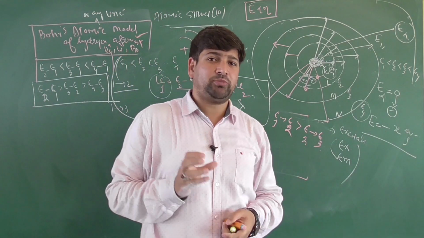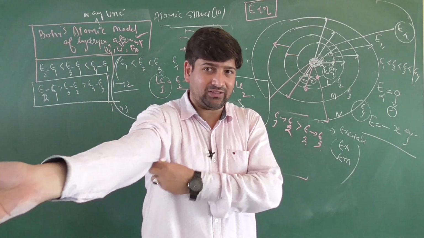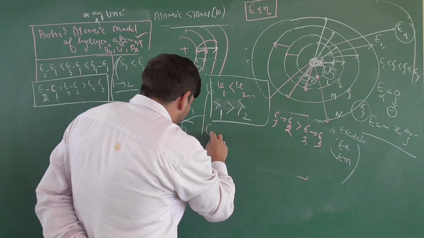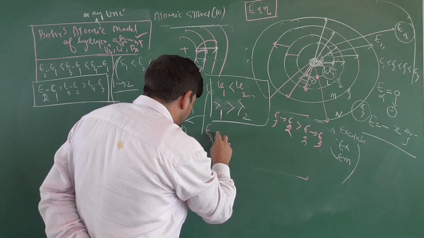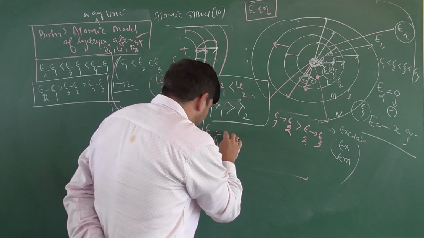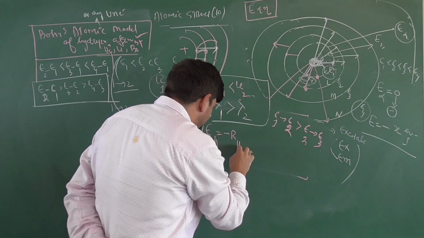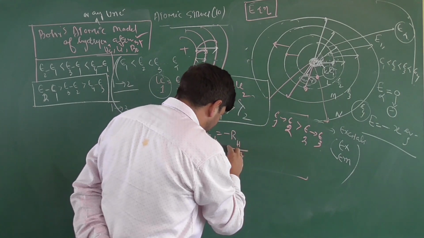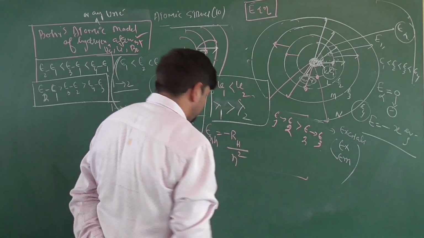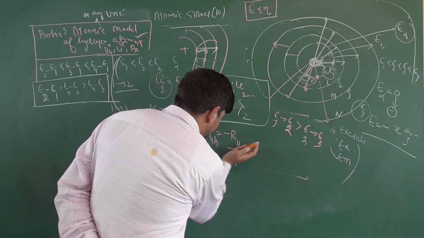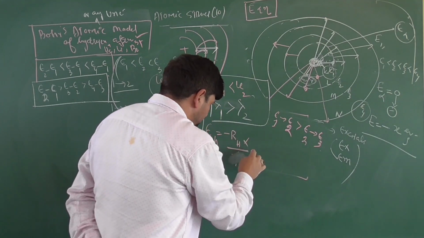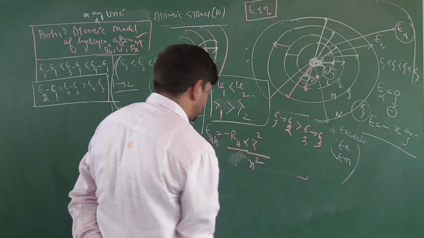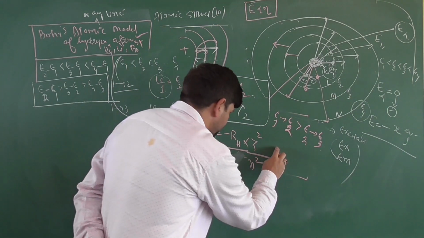And the most important parameter that Bohr's model of an atom gave us was the energy of the nth orbital, which equals minus RH into Z square by n square joules.